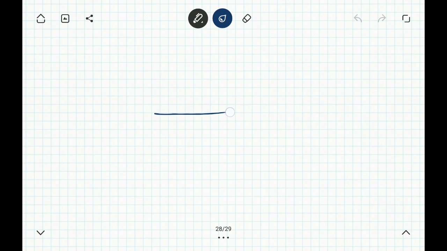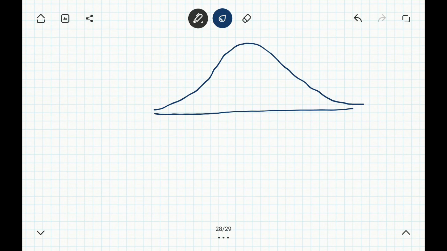So I'll go forth and put a crude, imperfect graph of the normal distribution here. So population mean is here, but when you draw the sample, your sample mean won't be equal to this one.